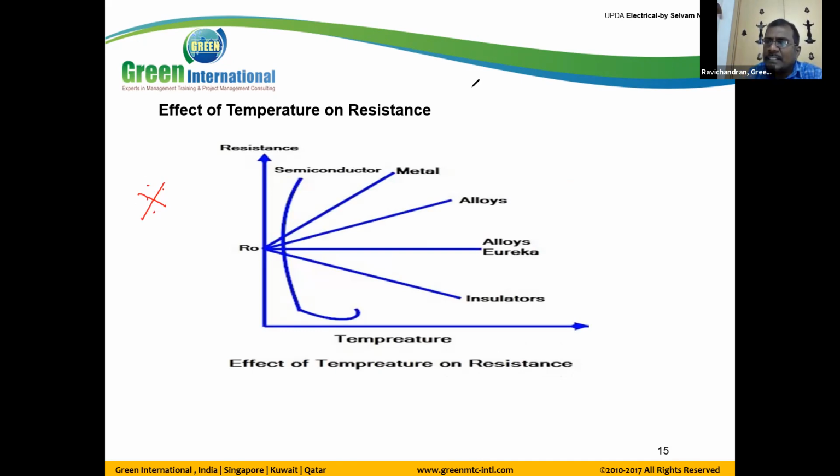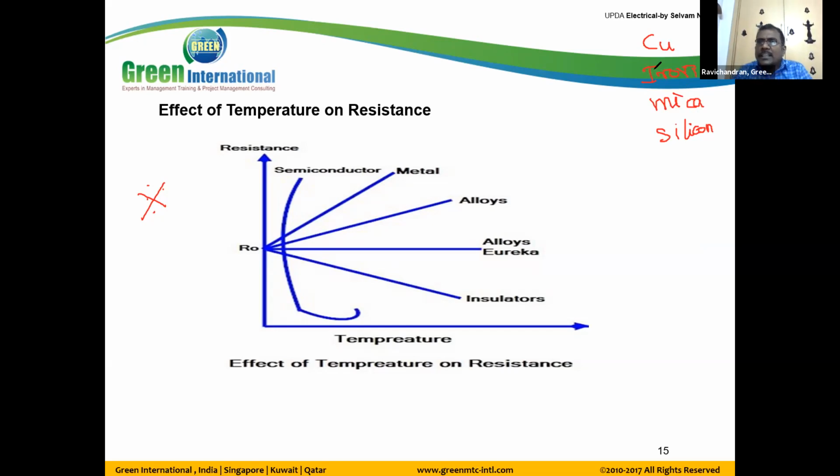So in front of us, we have different materials. Assume we have copper, iron, mica, silicon. We have 4 different materials.